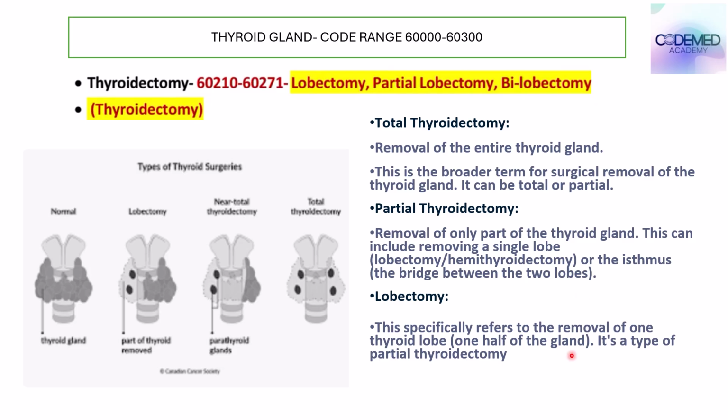That is called a partial thyroidectomy. And lobectomy specifically refers to the removal of one thyroid lobe. It is a type of partial thyroidectomy. So pay attention to what has been removed, because that will define your code.